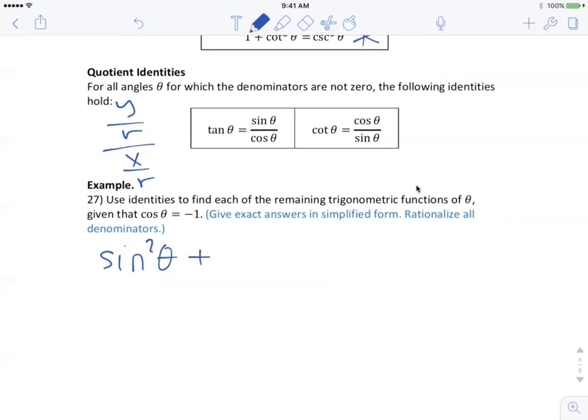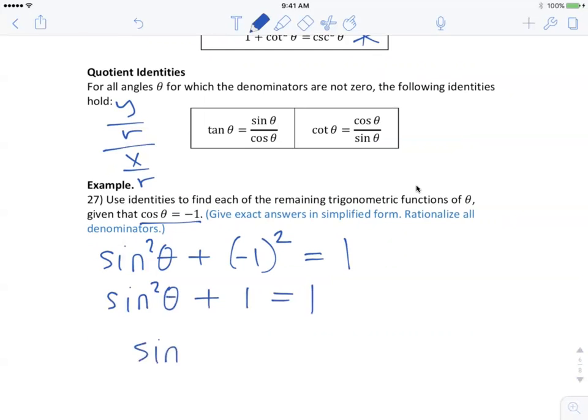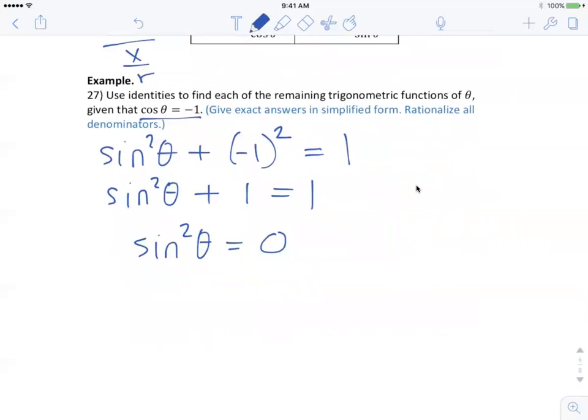I'm going to replace cosine with -1, equals 1. Okay, so then I get sine squared plus 1, since -1 squared is +1. Subtract the 1 over, you get sine squared equals 0, right? And then if you square root both sides, if sine squared is 0, then sine is 0. Okay, so when cosine is -1, the sine is 0.